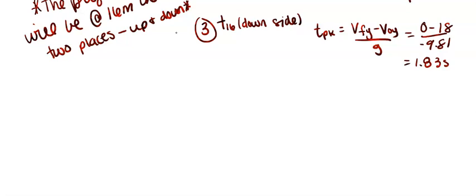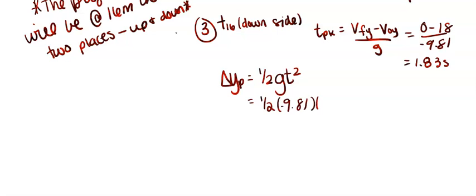And even though it took 1.83 seconds to reach the peak, we need to figure out then what's happening at that point. So the change in height up to the peak, 1/2 gravity times t squared. I'm going to go from the way down instead of on the way up. That's 1/2 times 9.81 times 1.83 squared. And then from there, we're going to use the calculation to get how high above the starting point the peak actually is.